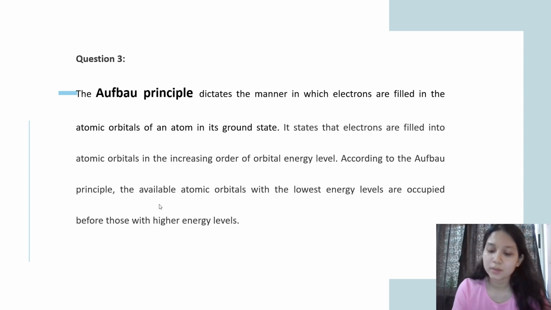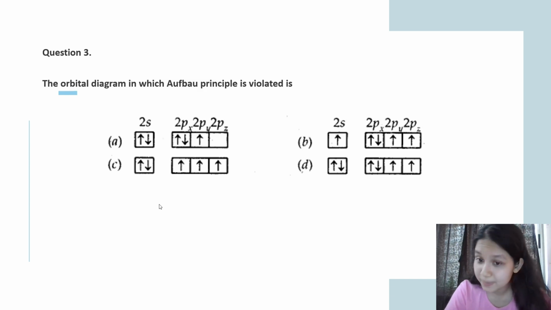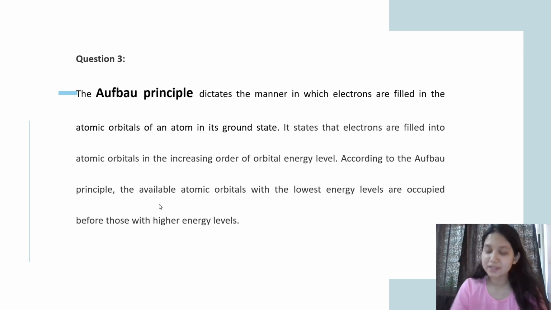Okay. Answer is B. Okay. Any other answer? So, according to our above principle, atomic orbitals with the lowest energy levels will be occupied first, and then only we will move to occupy the higher energy levels.